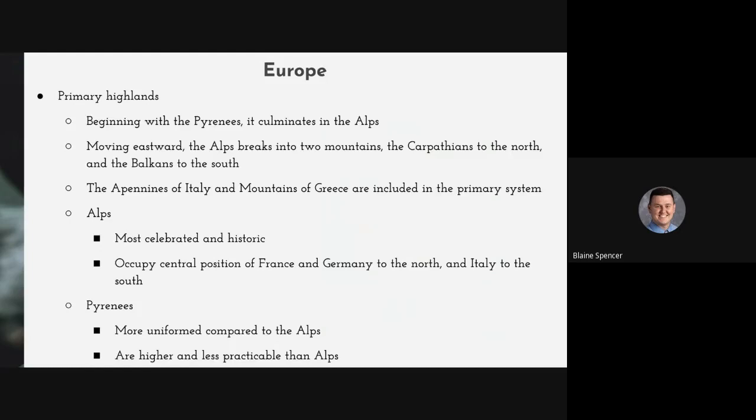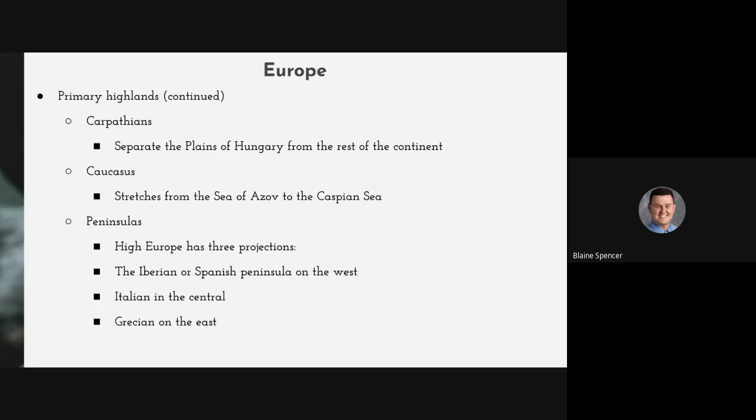They're going to have some more distinction. The problem is that they are going to be taller, higher and less practicable than the Alps. Okay, they're going to be harder to cross. They're not going to be as easy to move across. So they're going to be a little bit more problematic.